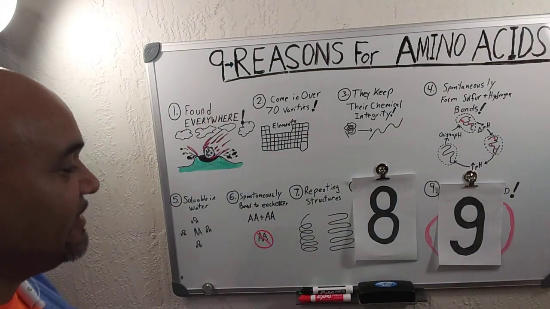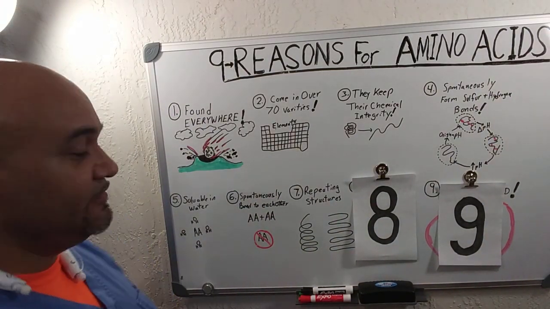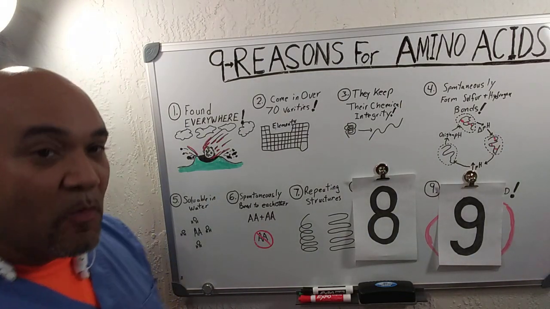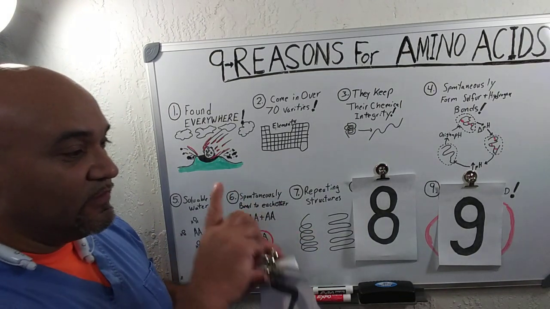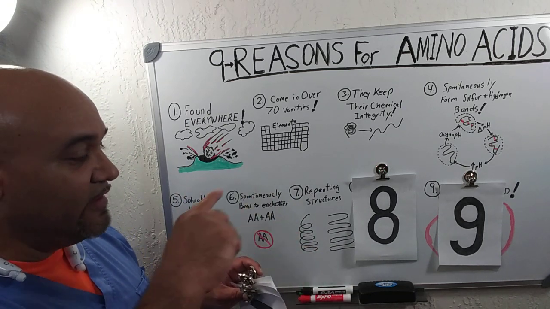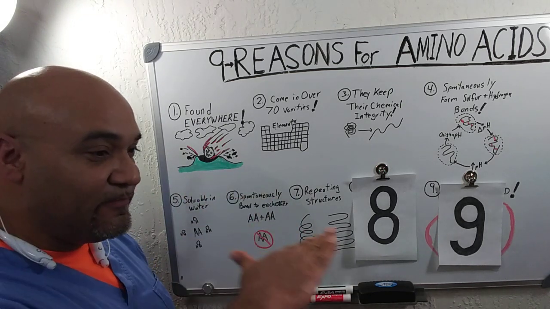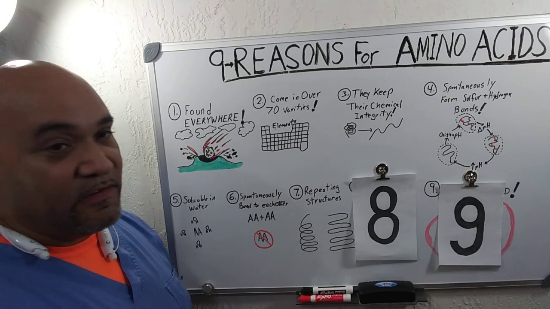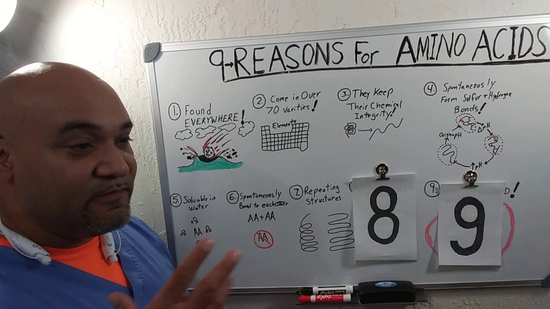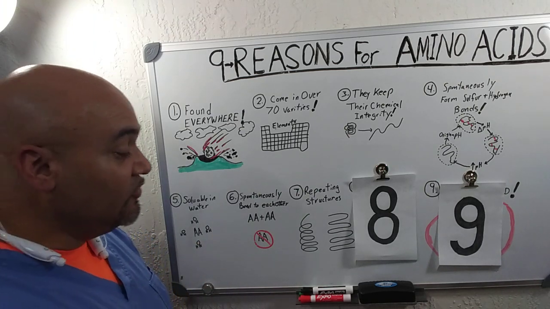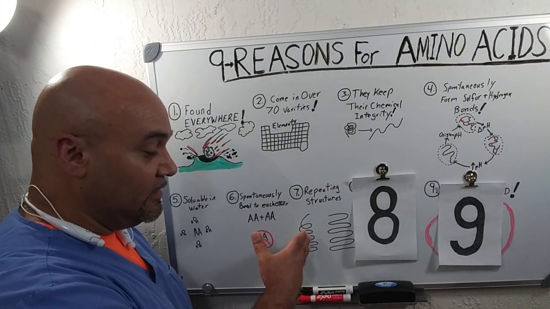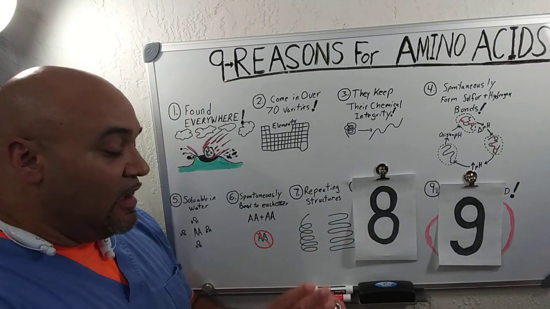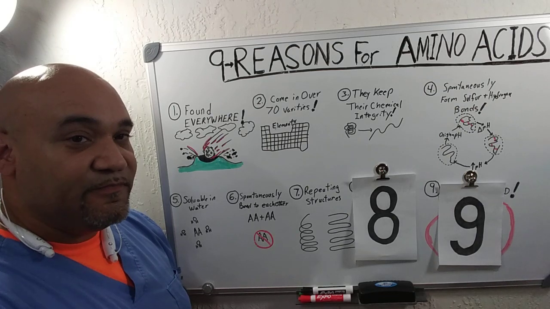Number 7, they form repeating structures. When you bond amino acids together, once you start stringing them long enough, they'll spontaneously start to make either an alpha helix or a flat sheet called a pleated sheet. And in proteins, the structures that make the reactive centers are usually a combination of alpha helixes or beta sheets, and the space in between them forms the reactive center.